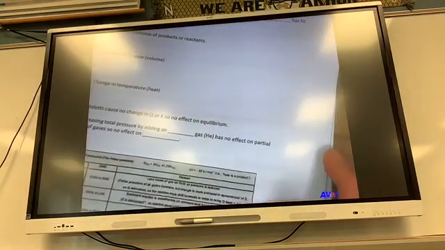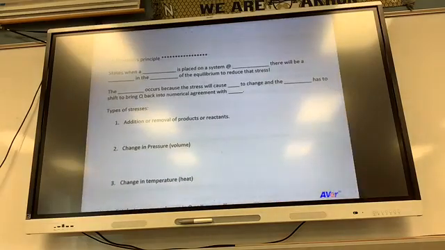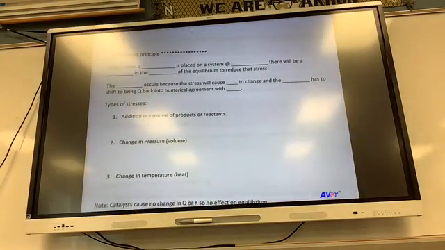Le Chatelier's principle. Is anybody here in French? You are? All right, say that in your best French. Chatelier. Yeah, that's very good. I took Spanish, so I can't.